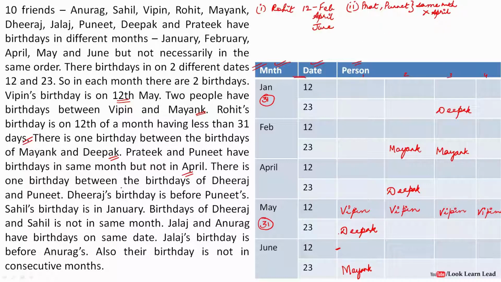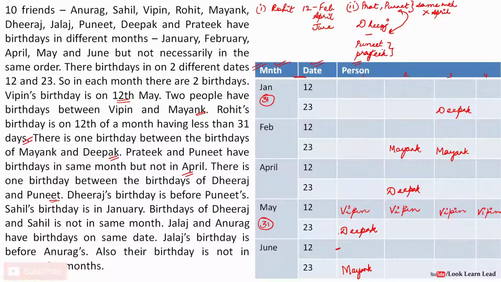Let's move on to the next. There is one birthday between Dheeraj and Puneet, and Dheeraj's birthday is before Puneet. So Dheeraj's birthday is before Puneet, and there is one birthday between Dheeraj and Puneet. So this is a scenario. Now combining these 2, this can be written as Puneet and Pratik have birthday in the same month.